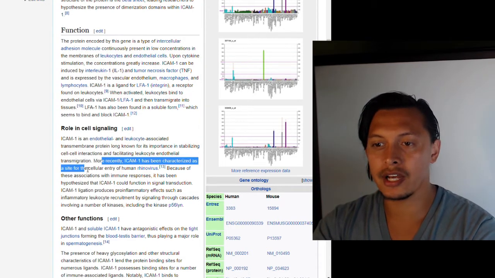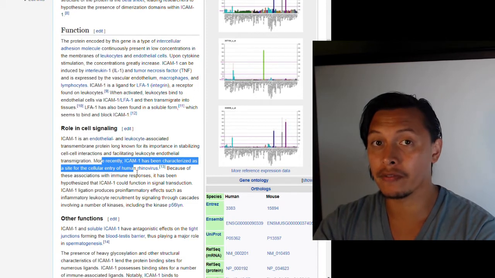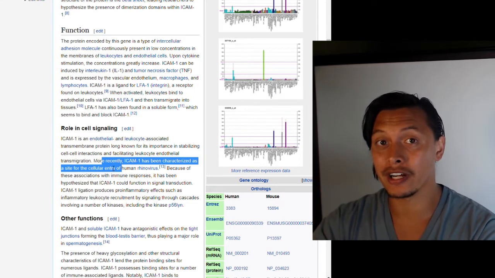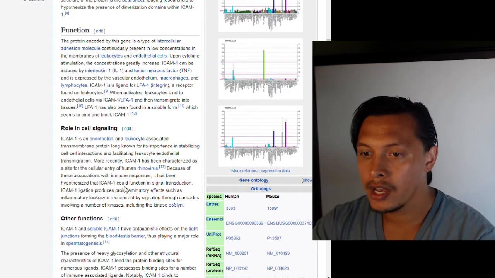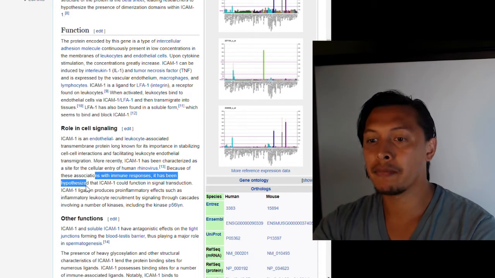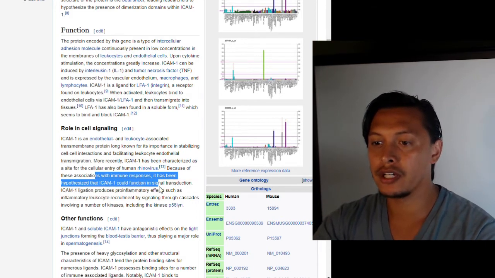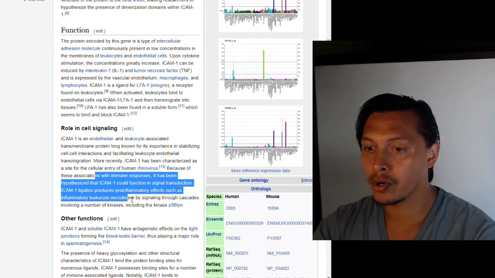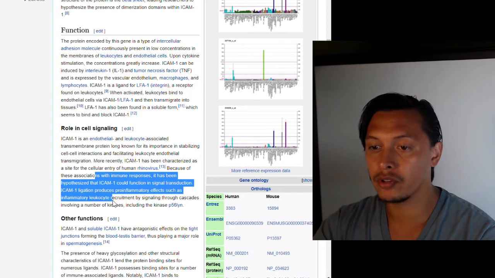It's characterized as a site for the cellular entry of human rhinoviruses, so this is something that can allow rhinoviruses to infect the endothelial cells of your nose. Because of these associations with immune responses, it has been hypothesized that ICAM1 could function in signal transduction, and it produces pro-inflammatory effects such as inflammatory leukocyte recruitment by signaling through cascades involving a number of kinases.